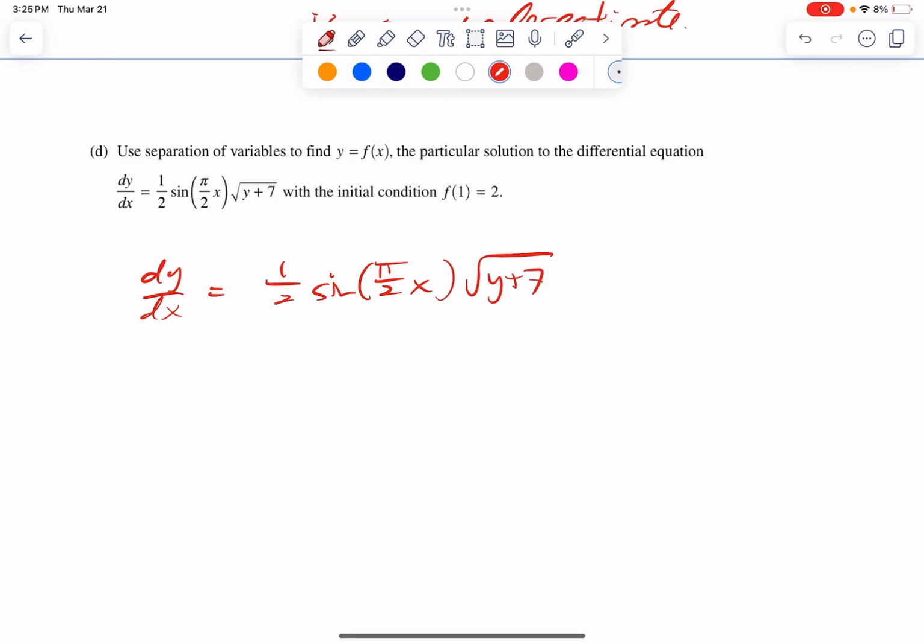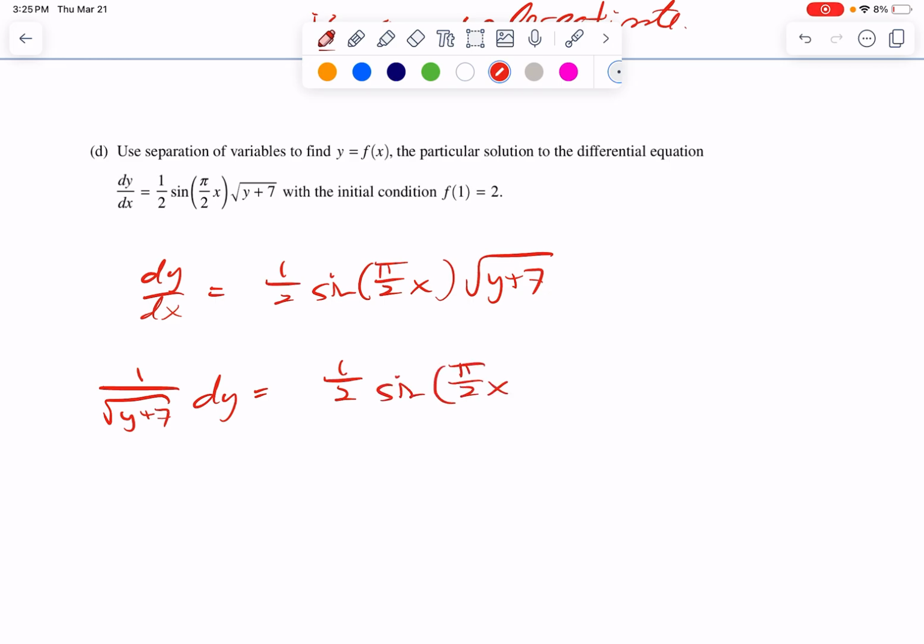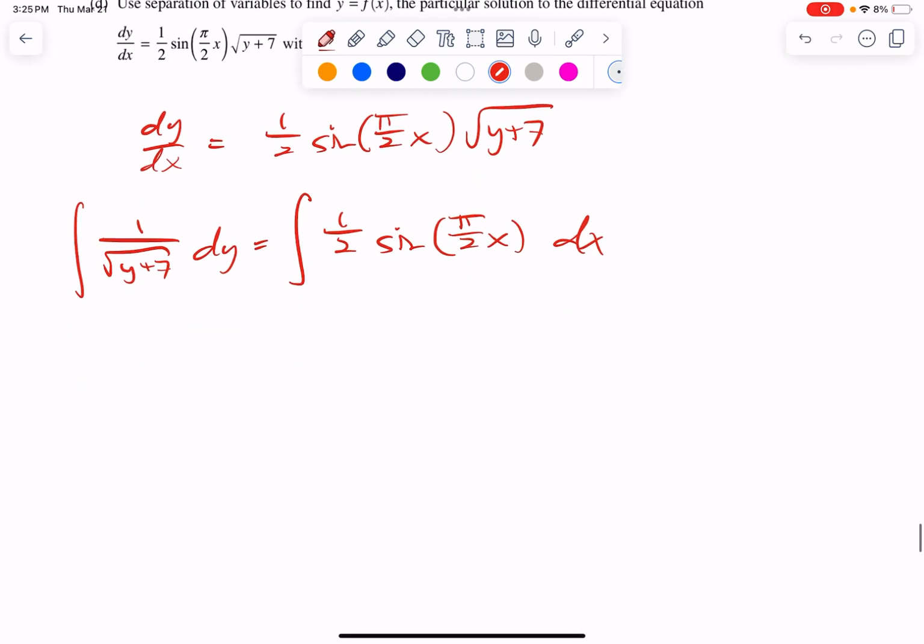If I separate the variables, I will have 1 over root y plus 7 dy equals 1/2 sine of pi over 2x dx. Integral. I'm going to write this as y plus 7 to the negative 1/2.